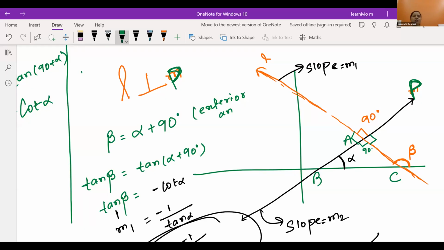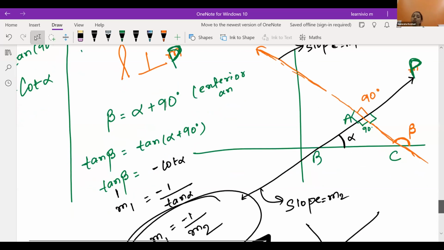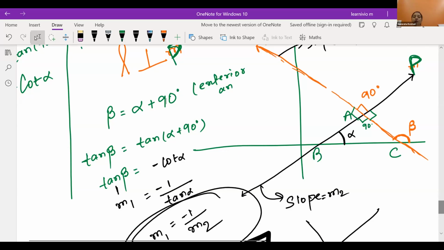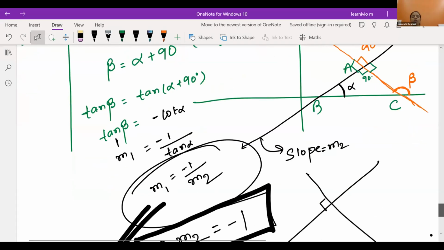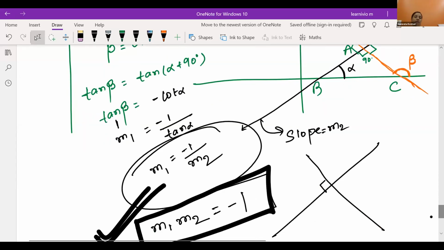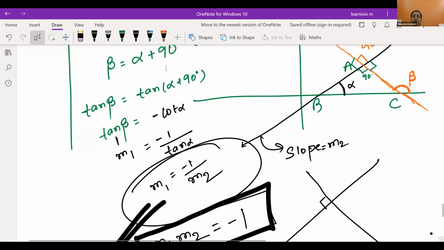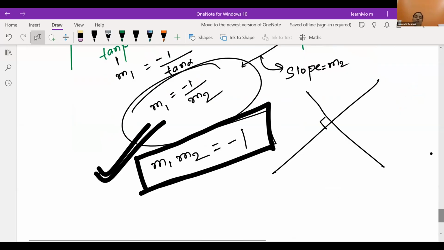Since we are trying to find the relationship between the slopes, we take tan on both sides. Tan of 90 plus alpha is minus cot alpha by the formula, and we convert that into tan because of the slope formula. From there we found that m1 is equal to minus 1 by m2, which gives the conclusion that if two lines are perpendicular to each other, then the product of their slopes will always be -1. Is it clear?